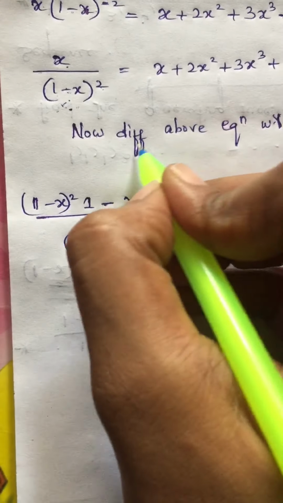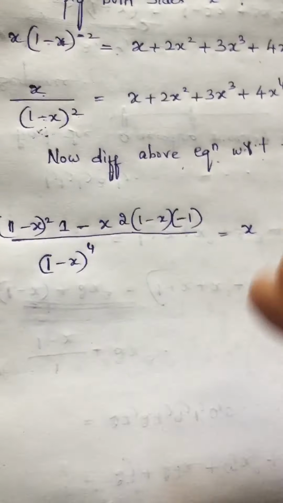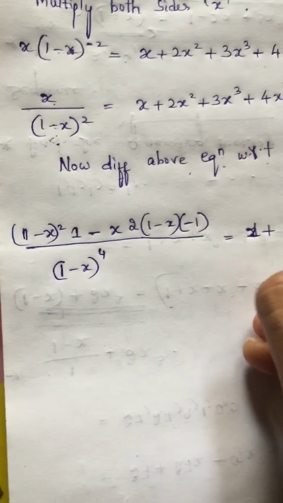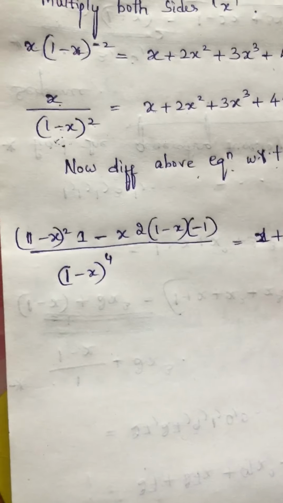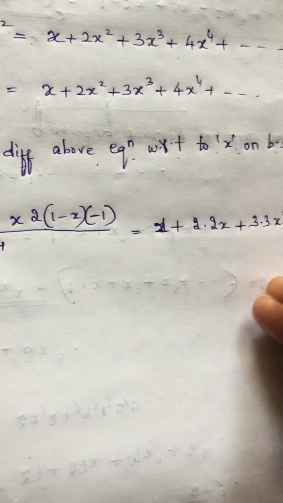We differentiate the above equation with respect to x on both sides. The differentiation of x is 1. The series expansion becomes 2 into 2x plus 3 into 3x square plus 4 into 4x cube, and so on.